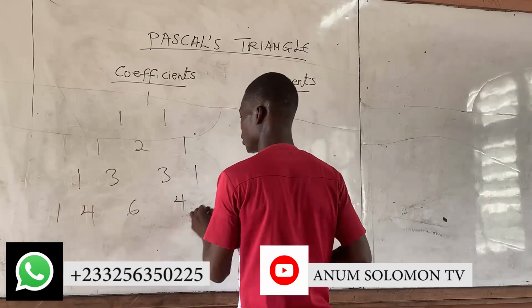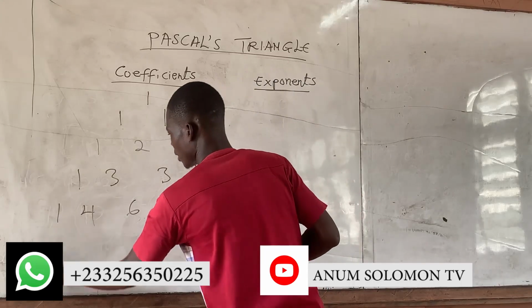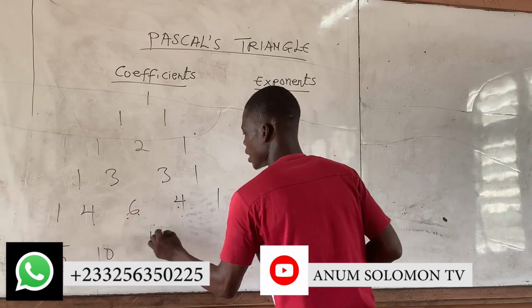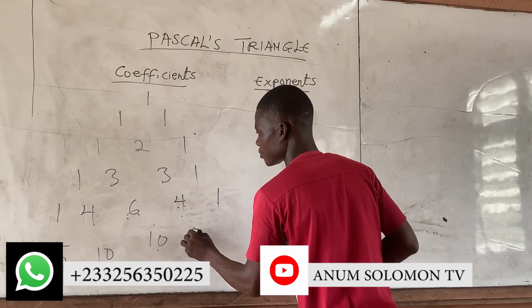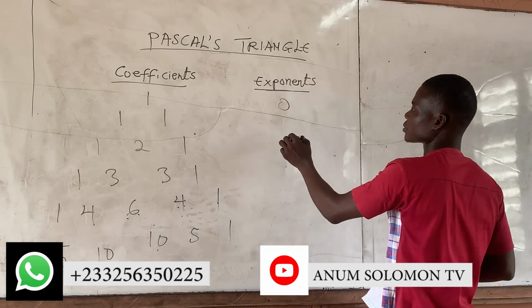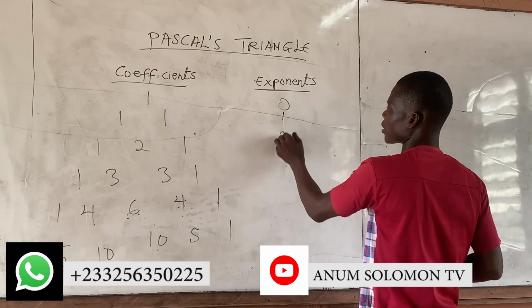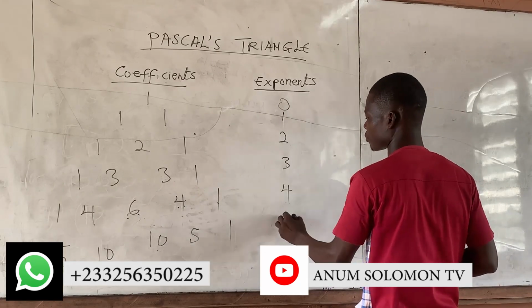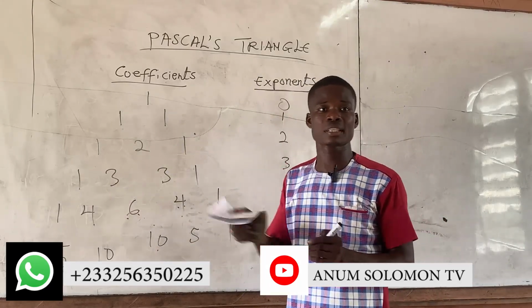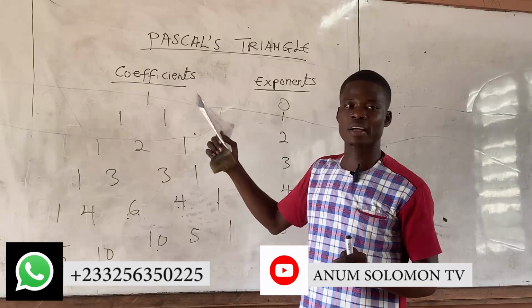Here we have 1, 5, 10, 10, 5, 1. So there is power 0, power 1, power 2, 3, 4, 5.